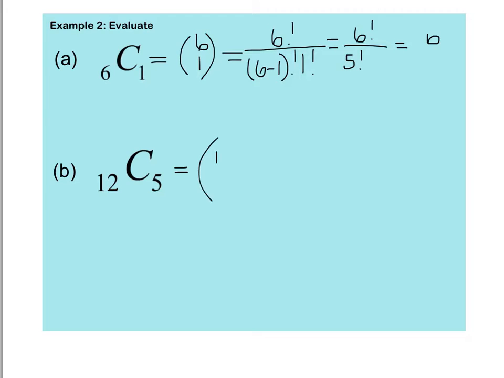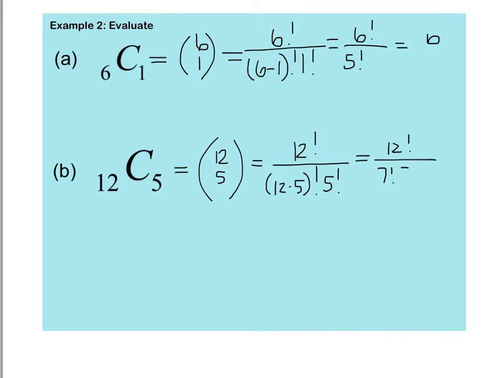Here, 12 choose 5, we could also write as 12 choose 5 in parentheses like that. That's the same as 12 factorial over 12 minus 5 factorial times 5 factorial. In other words, 12 factorial over 7 factorial times 5 factorial, which is 792.